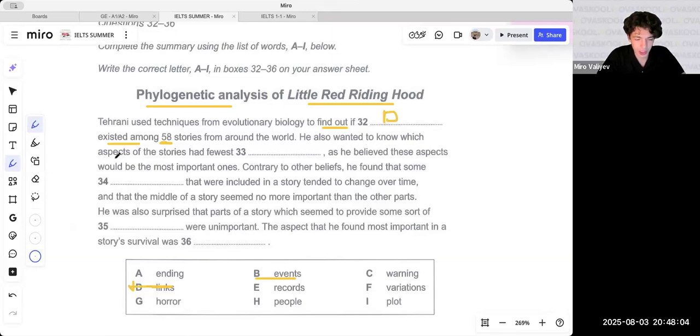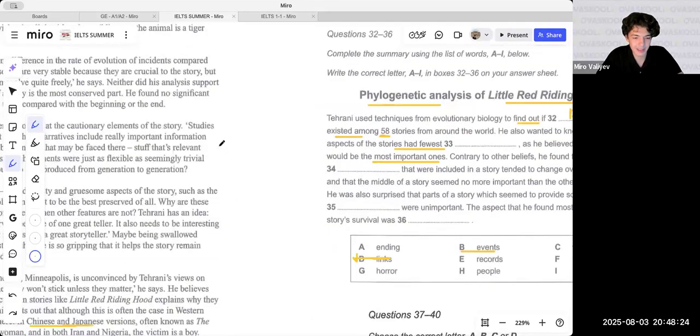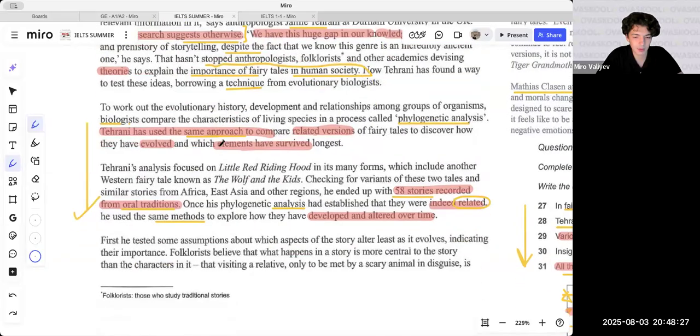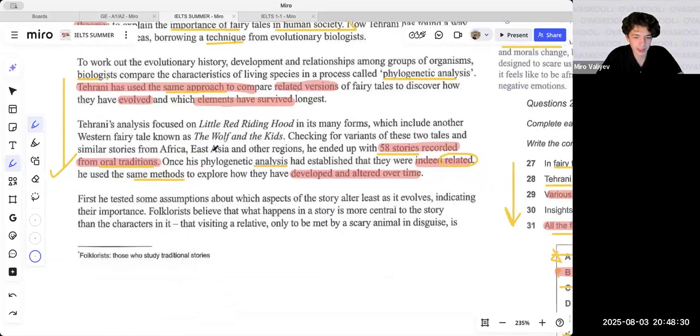He also wanted to know which aspects of the stories had fewest something, as he believed these aspects would be the most important ones. Fewest, maybe smallest, or least, or fewer. Let's take a look. First, he tested some assumptions about which aspects of the story alter least as it evolves, indicating their importance.